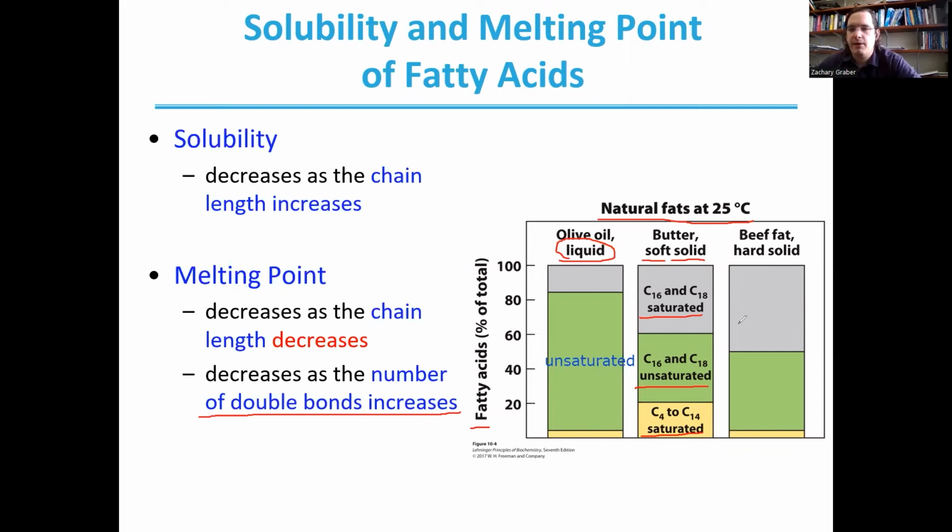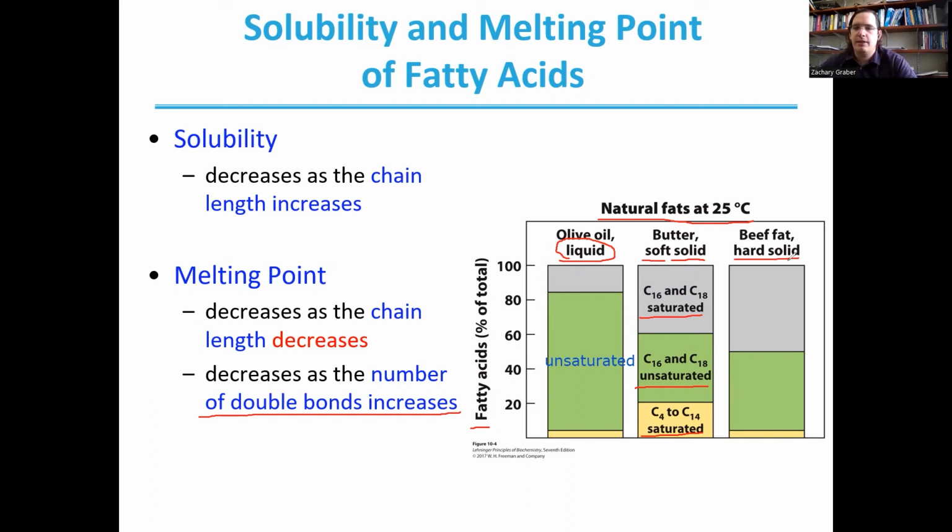If we increase the amount of saturated fatty acids even more, our beef fat here has more of those long fatty acids marked in gray, and it's replacing a lot of the shorter fatty acids that we have here in yellow. So those longer fatty acids will have higher melting points, and so our beef fat tends to be a very hard solid at room temperature.